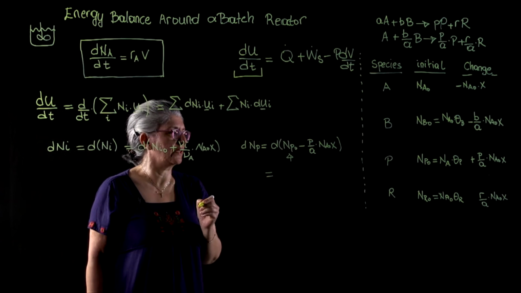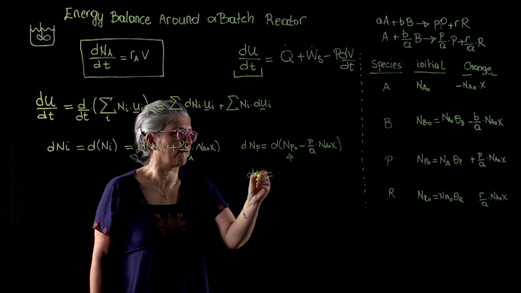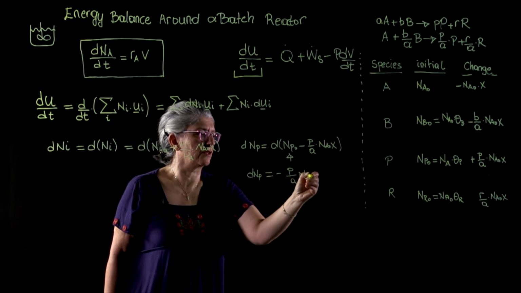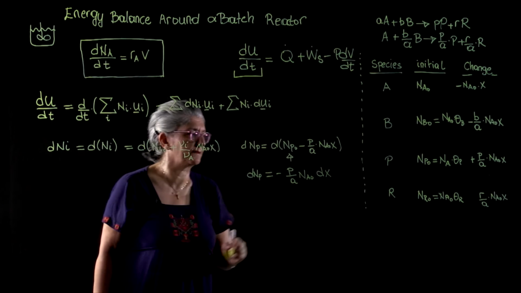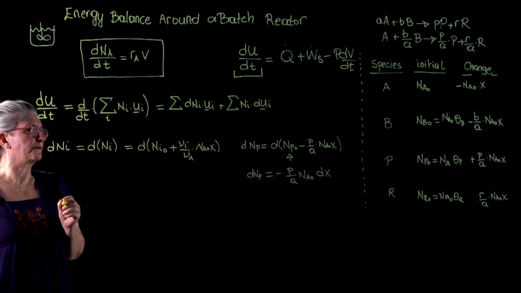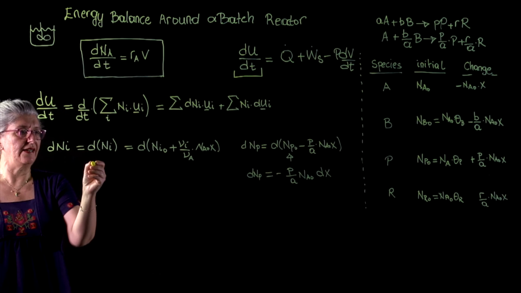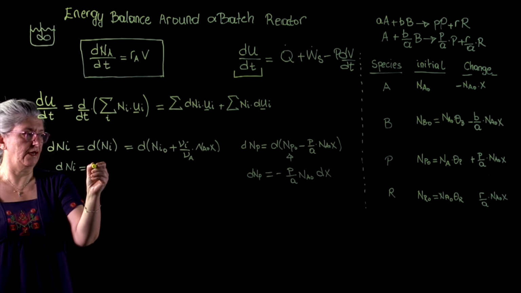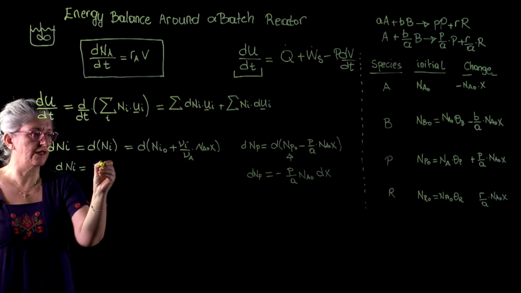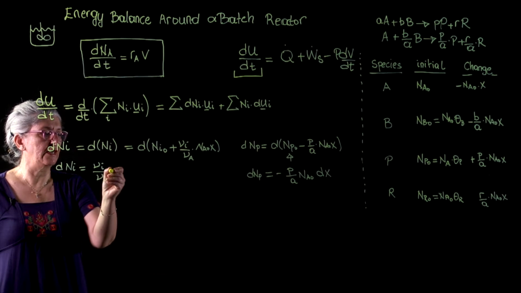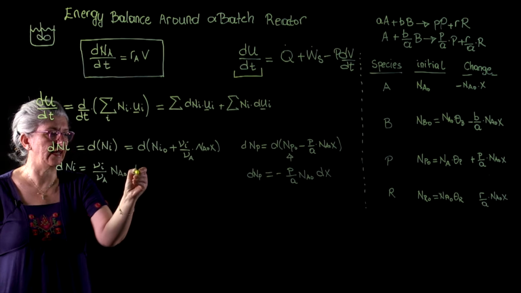It drops out of the equation and d nP becomes minus p over a NA0 times dx. Okay. So d ni is equal to, in its most general form, nu i over nu A, the principal stoichiometric coefficient of the principal species, in this case it is a, times NA0 times dx.